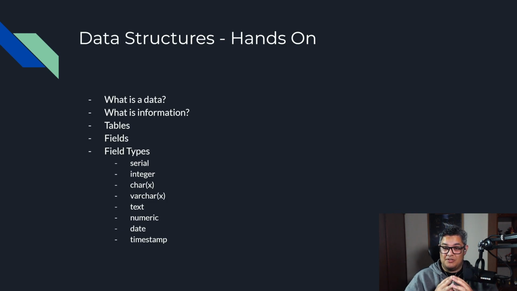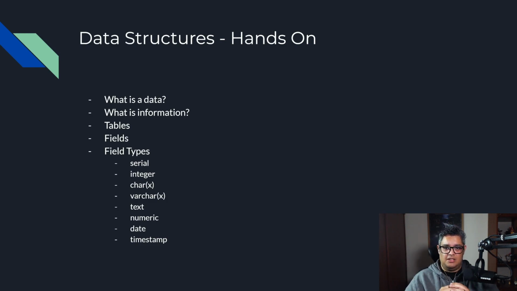Well, Postgres has a lot of field types to use, like serial, that's an auto-incremented number, integer, that's an integer number, char, that's a specific size of characters, and varchar, that's like char, but you can vary the size of the characters until the maximum value.